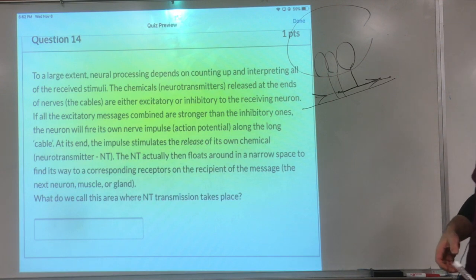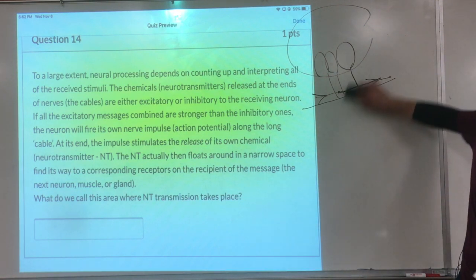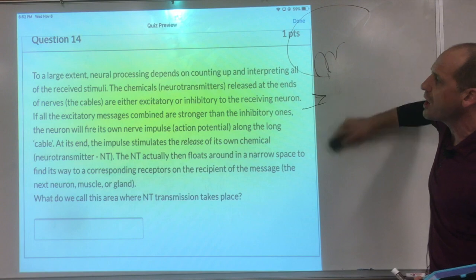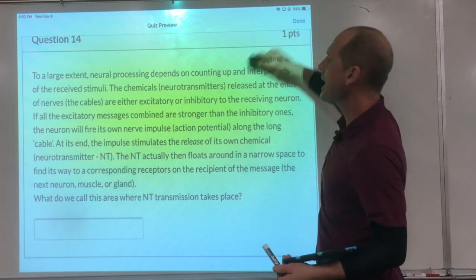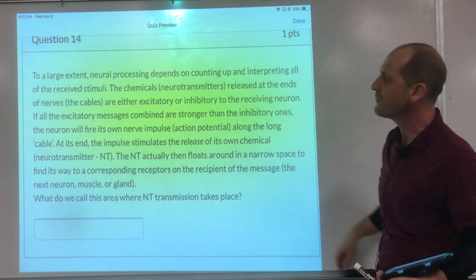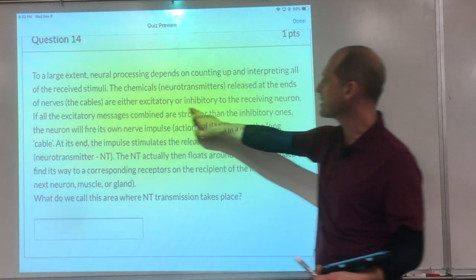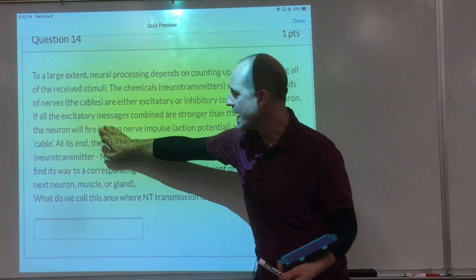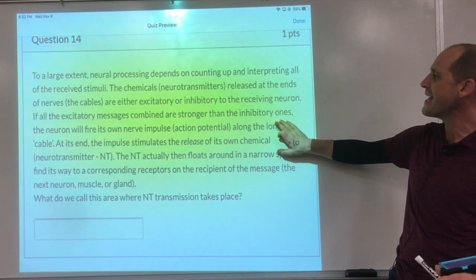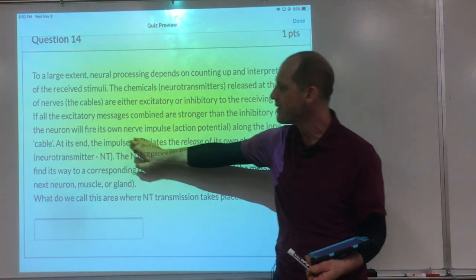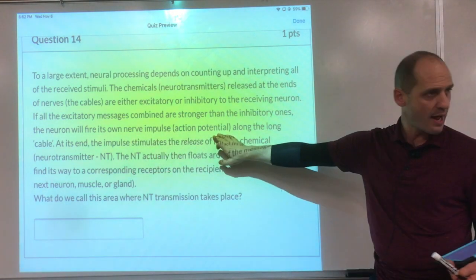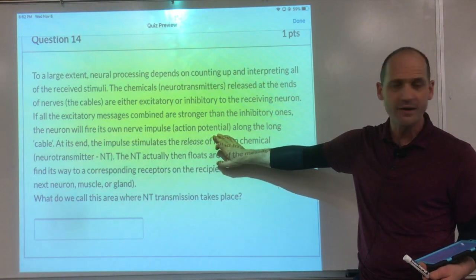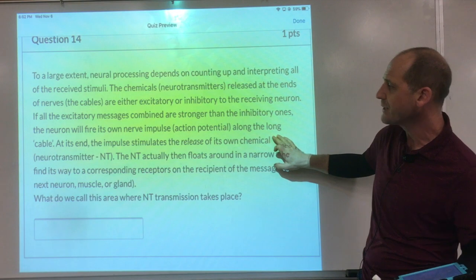To a large extent, neural processing depends on counting up and interpreting all of the receiving stimuli. The chemicals released at the end of the nerves, the cables, are either excitatory or inhibitory to the receiving neuron. If all excitatory messages combined are stronger than inhibitory ones, the neuron will fire its own nerve impulse. That's what I just described with all the dendrites coming in, right? And then we go along that cable.